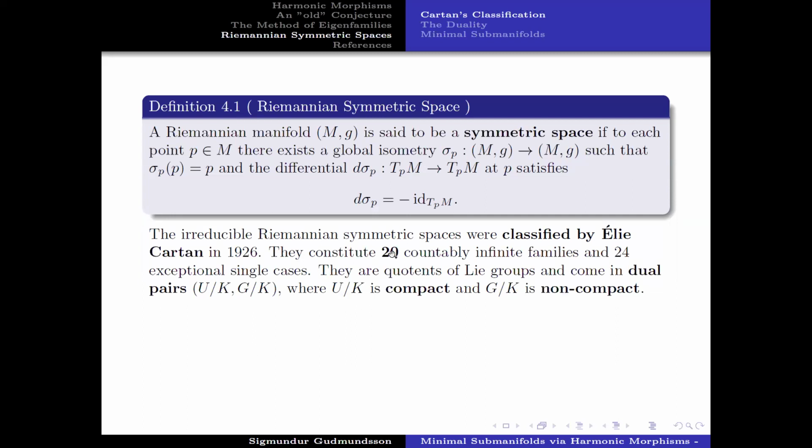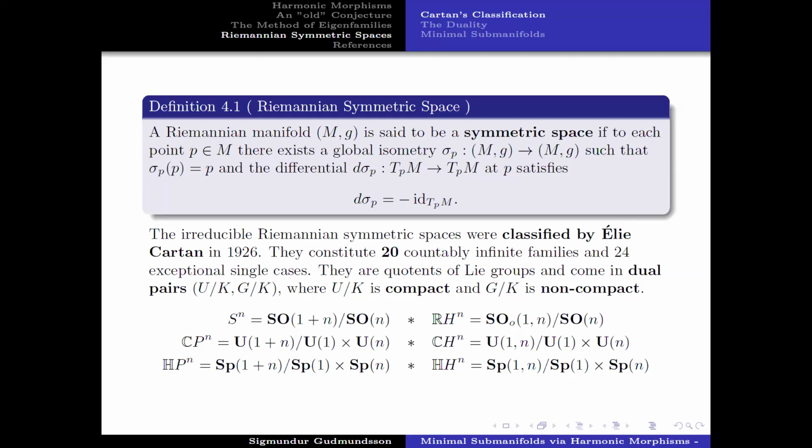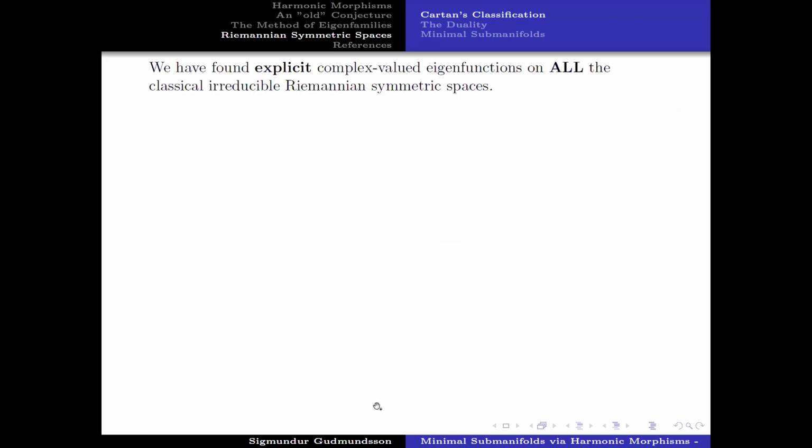They constitute 20 countably infinite families and 24 exceptional single cases. They are quotients of Lie groups in dual pairs where U K is compact and this is non-compact. So here are the easiest cases we all know: the sphere and hyperbolic space, the complex projective space, complex hyperbolic space, and so on.